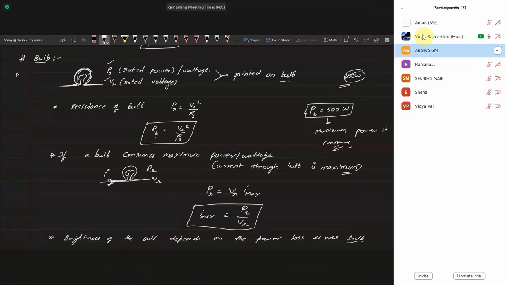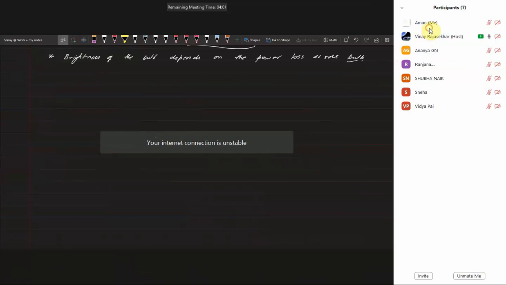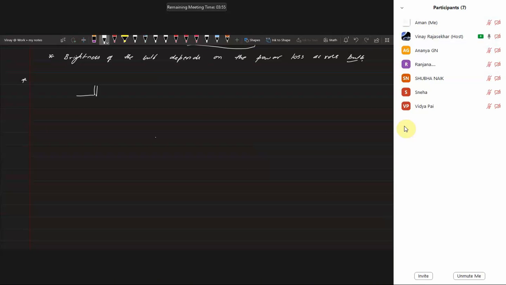Then you can understand this concept better. Okay, for example, I will take a bulb. I'll take the rated power of the bulb as 500 watt. I'll take the rated voltage as 100 volt.